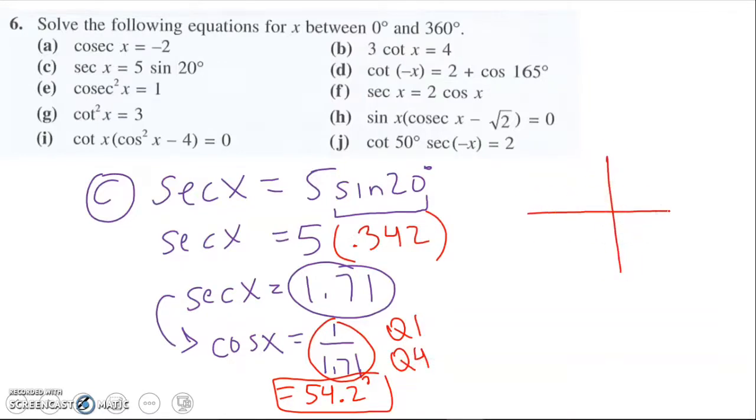I know it's going to be positive in Q1, also Q4, I know I have a base angle of 54.2, and I know my angles are going to be the following. They're going to be 54.2, obviously, and they're also going to be 360 minus 54.2, which ends up being 305.8.